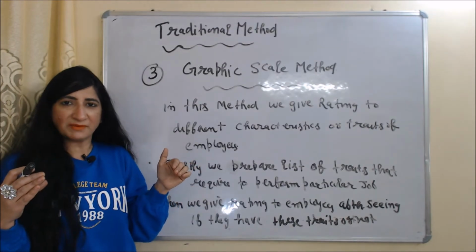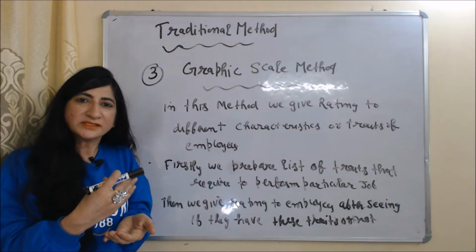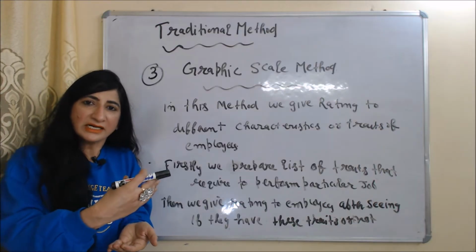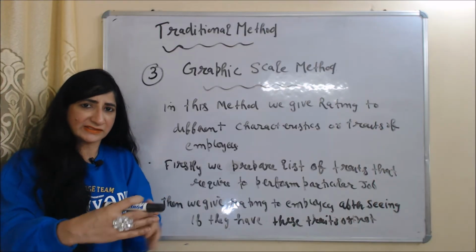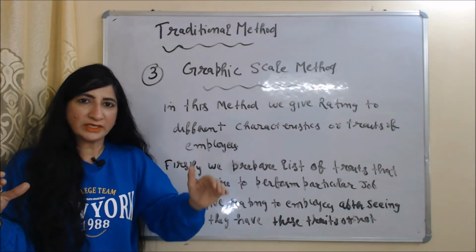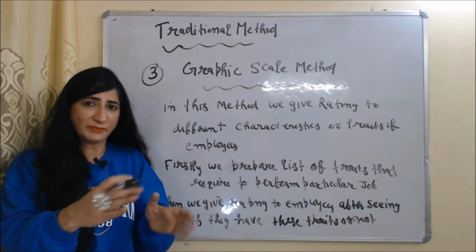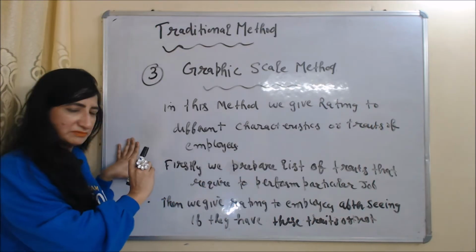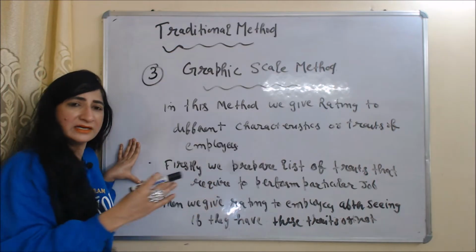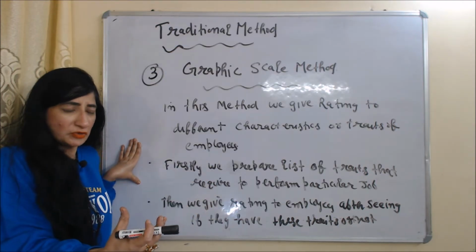Next traditional method is graphic scale method. In this method, we give rating to different characteristics or traits of employees. Firstly, we prepare a list of traits that are required to perform a particular job.